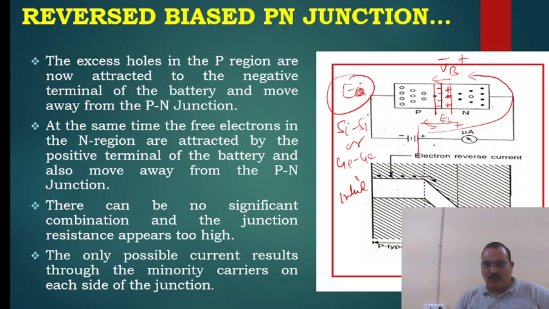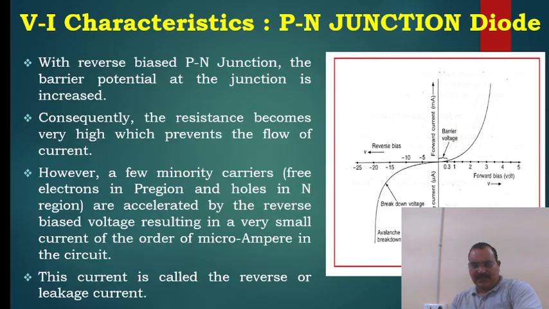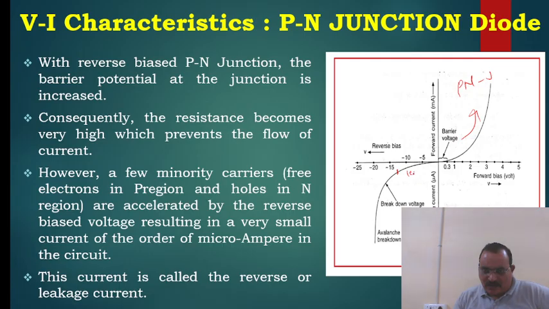So if you see the VI characteristics, I will show in the next step. You are observing that forward biasing is like a simple PN junction working. But in the reverse case, this is the point of leakage current; this portion is your leakage current.